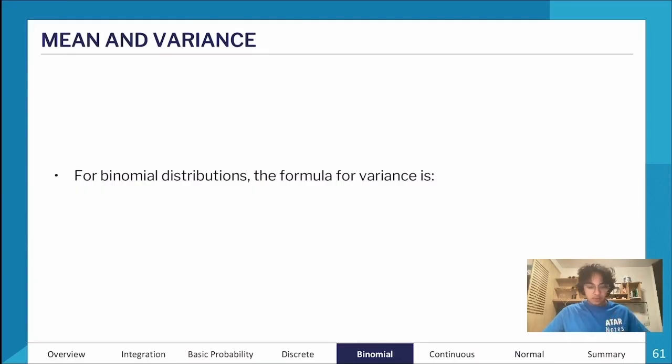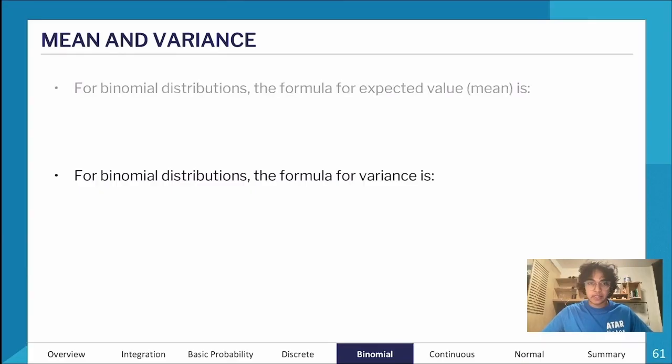Okay, so the binomial distribution has a different formula for mean and variance. And so this is as follows. And also for the mean, it's just the number of trials times the probability of that trial, which is quite nice, right? It makes sense if you think about flipping a coin as well, right? The probability of flipping a coin is 0.5.